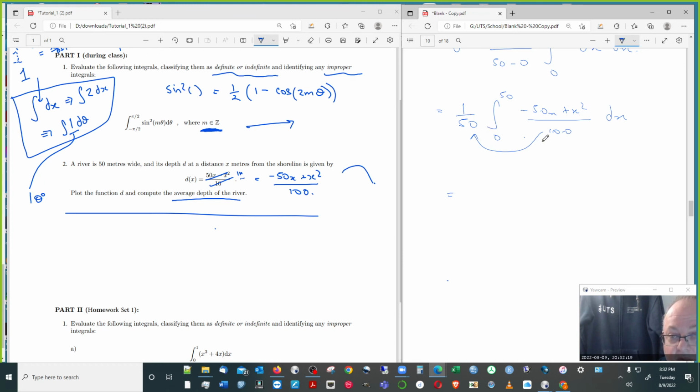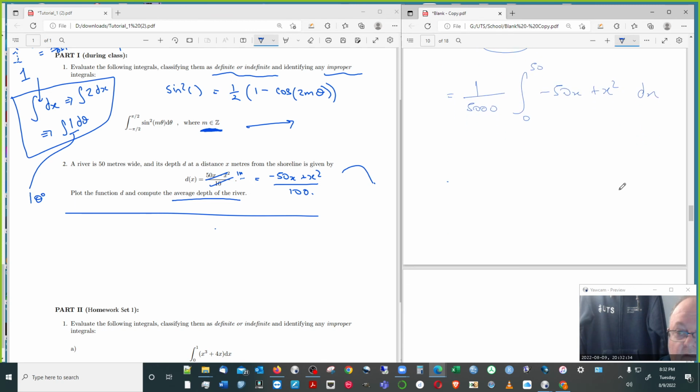So 50 times 100 is 5,000, so we'll put that out like that, from 0 to 50, and we're just doing them term by term. So this is a dead easy one. It's up and under for each term.